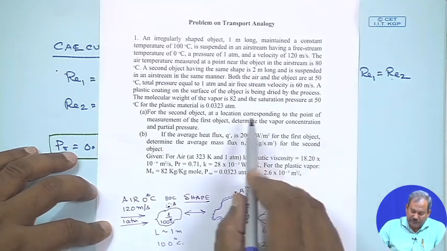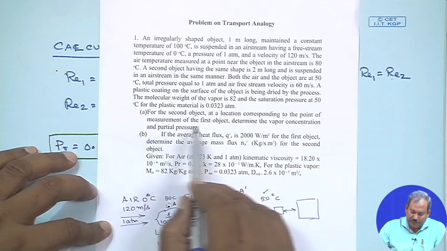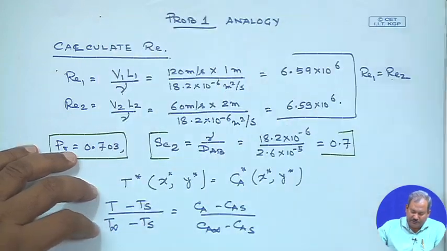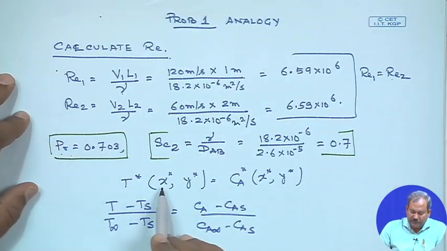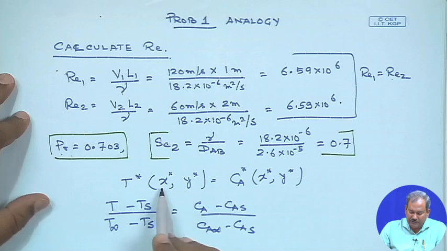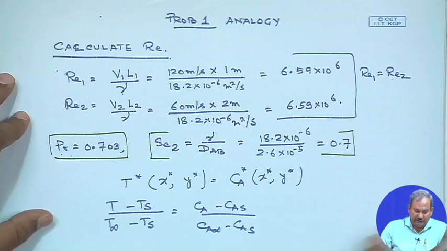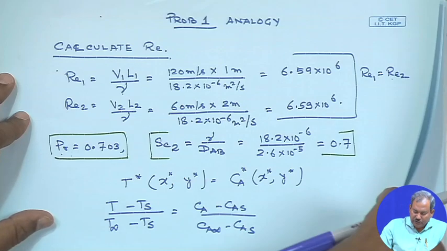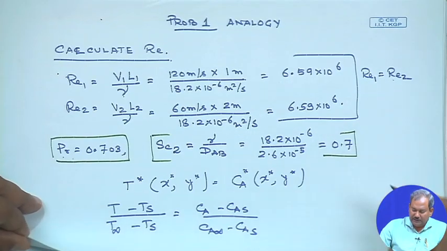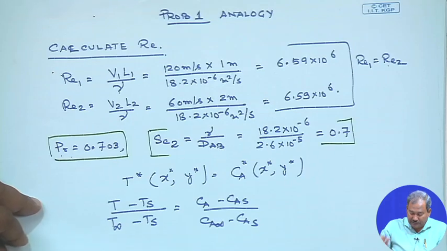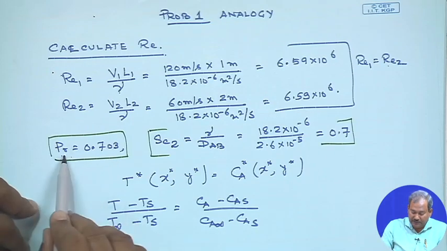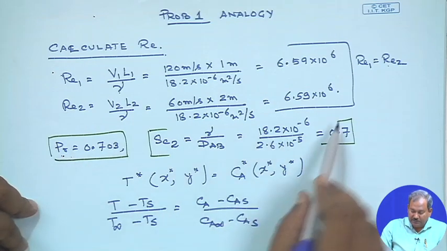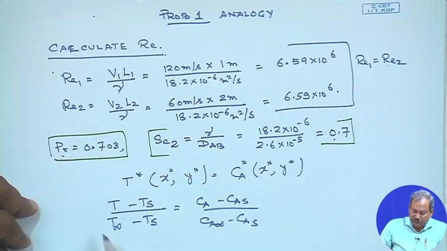So, when it says corresponding to a point of measurement of the first object, it essentially tells you that the dimensionless values of x and y, which are used to denote the point of measurement, are identical. So, I can simply write this, based on the analogy and thinking about the governing equations and their implications of the Prandtl number, Schmidt number and Reynolds number.